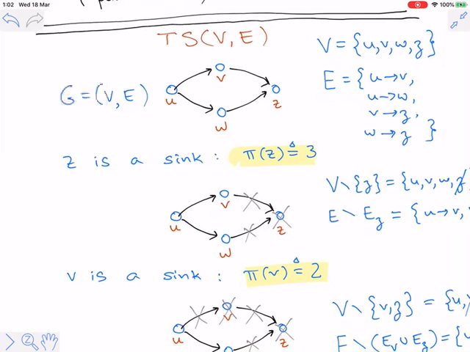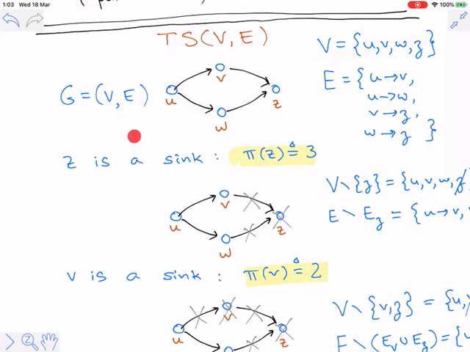In this example, our graph consists of 4 vertices, u, v, w, z, and it has 4 edges. The edge from u to v, from v to z, from u to w, and from w to z. 4 vertices. Okay. Now we invoke the algorithm TS on this graph. The stopping condition does not hold because this graph has 4 vertices, so we apply the reduction rule.